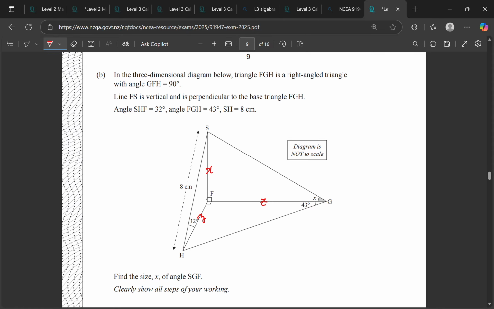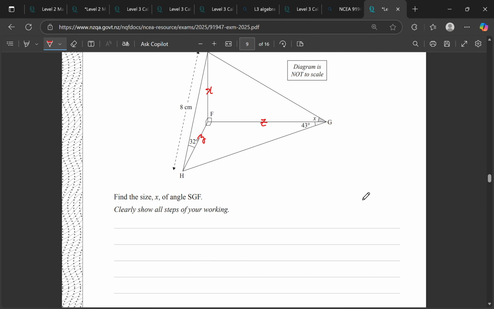Okay, so find the x. Finding x is simple, so I'm going to write from here. So x over 8 equals sine 32 degrees, hence x equals 8 sine 32, which is 4.24 centimeters.